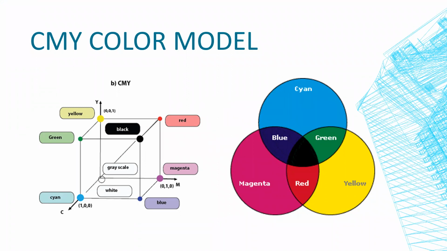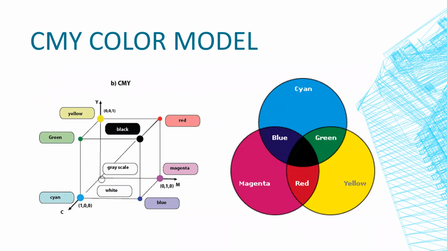We see the color patterns on the paper by reflected light, which is a subtractive process. So the CMY color model is also called the subtractive color model. It can be formed with the three primary colors cyan, magenta, and yellow.